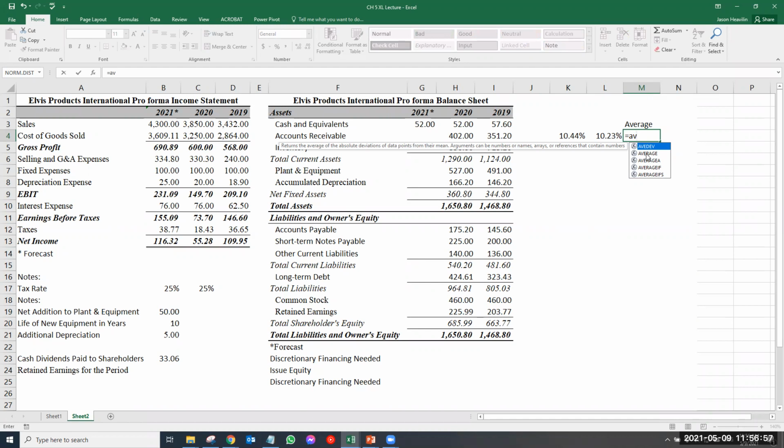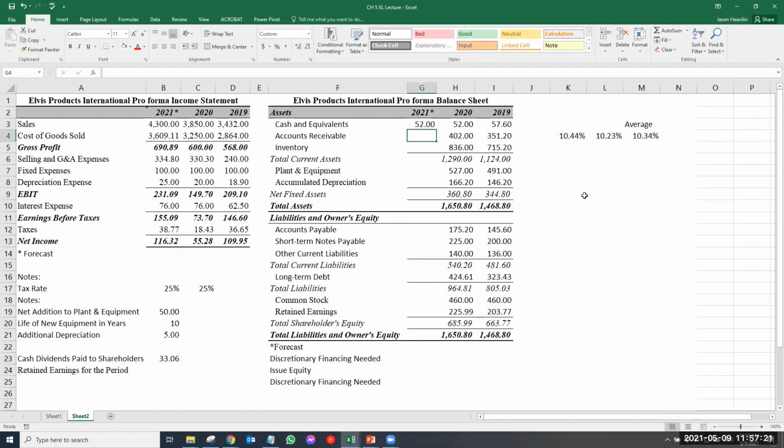In this case, we have average. Then I can click on it and it tells me a little definition of what it does. And now it's ready to start receiving the numbers to input. So I can do this, select the 2 that I want, and I'm going to close it with a parenthesis, and it's going to give me the same effect.